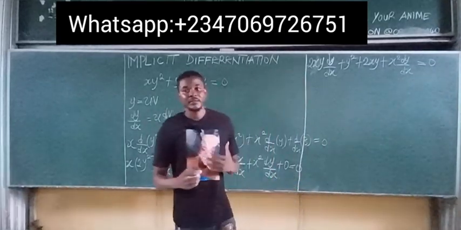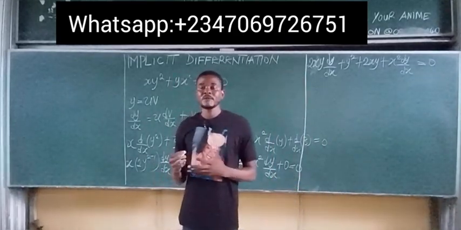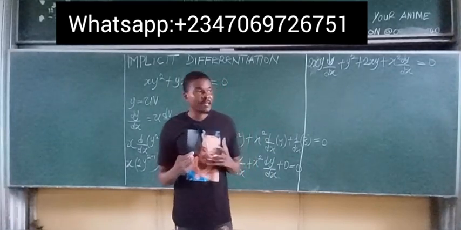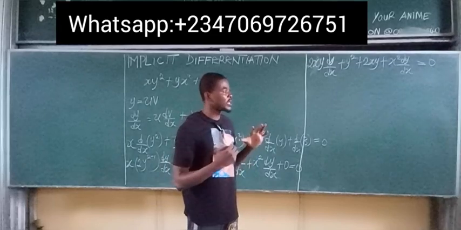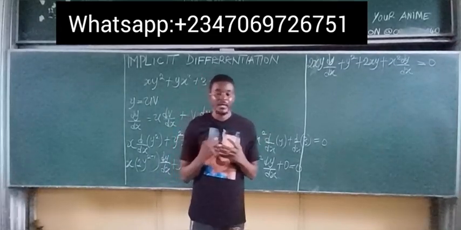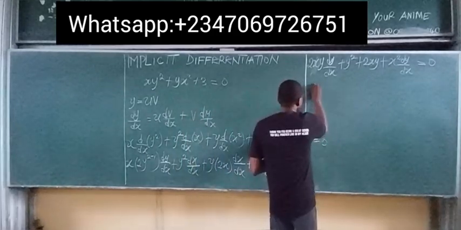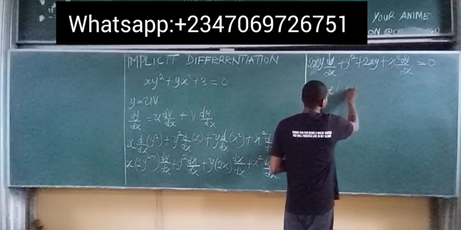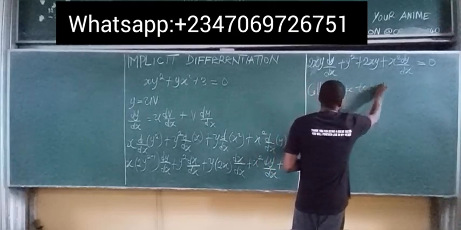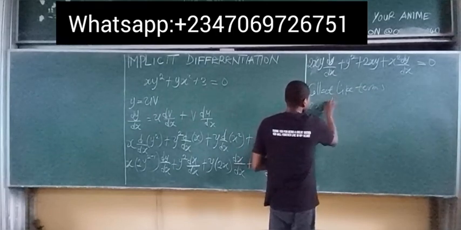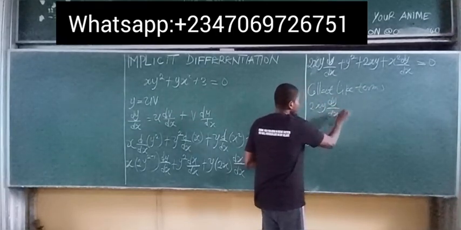But not forgetting, the aim is actually what? The aim is to actually find dy dx. So at this point, all I need to do is simply collect like terms. Let the terms that have dy dx come together. If I do that, I have here 2xy dy over dx.